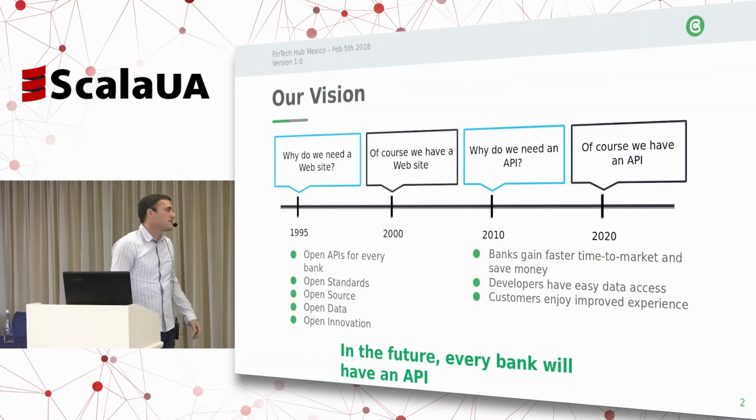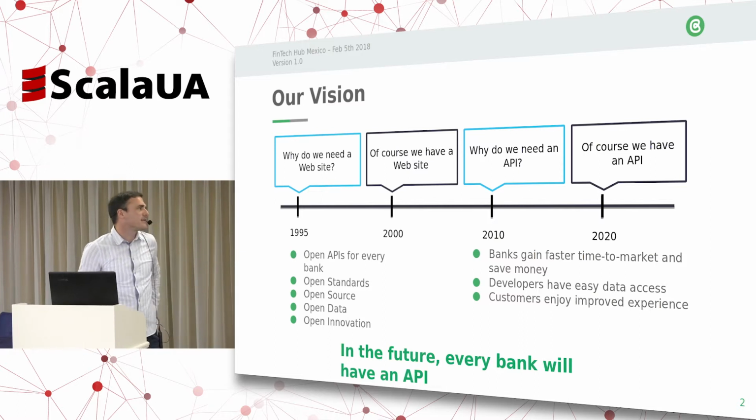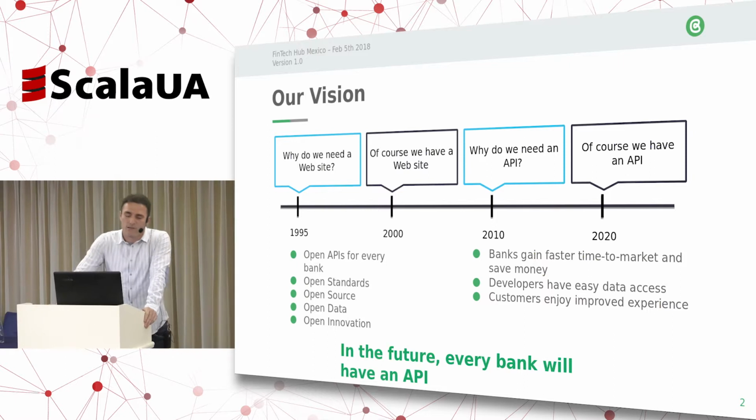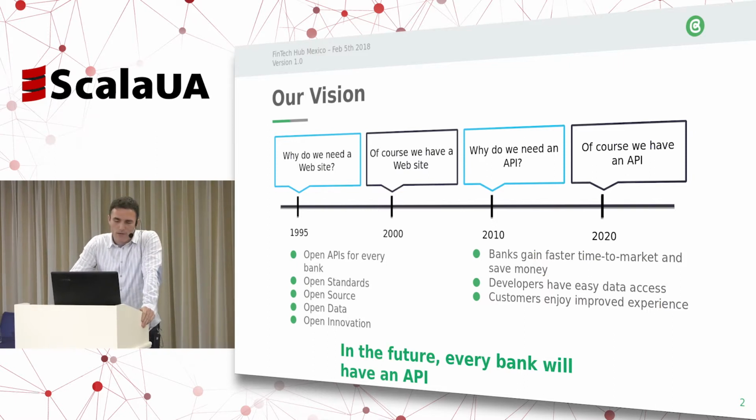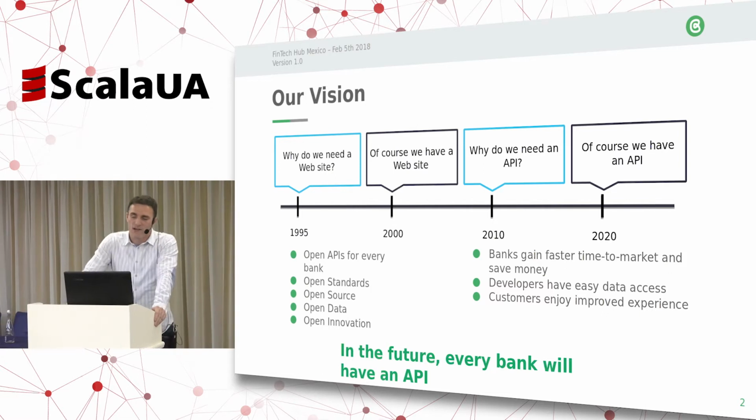This slide will tell something about our vision. 25 years ago, someone would ask, why do we need a website? And the answer in 2000 would be, of course, we have a website. Today, in 2010, the question would be, why do we need an API?